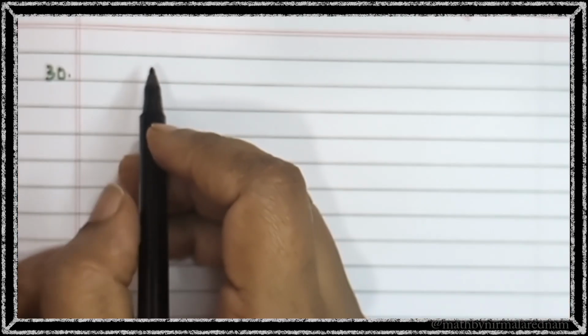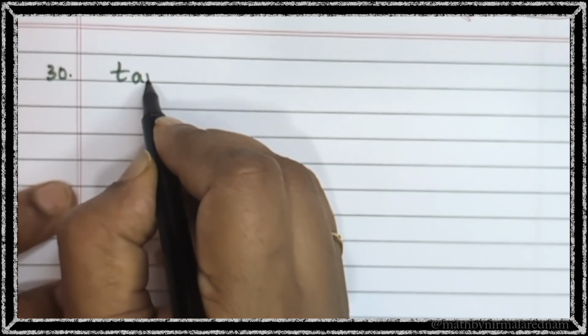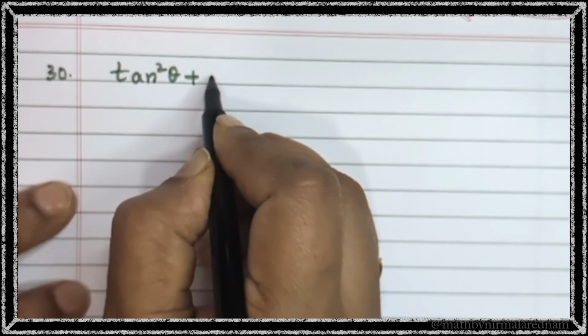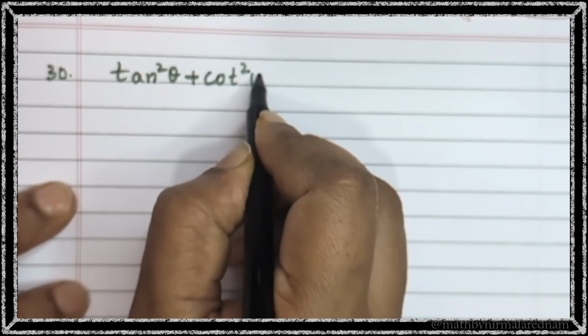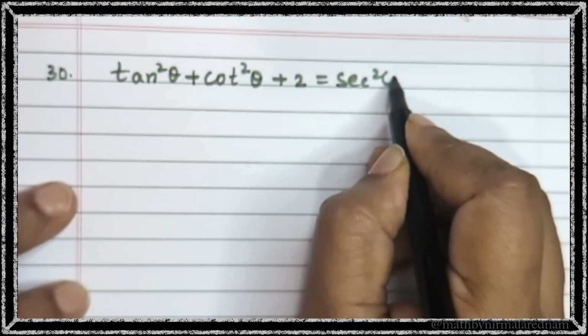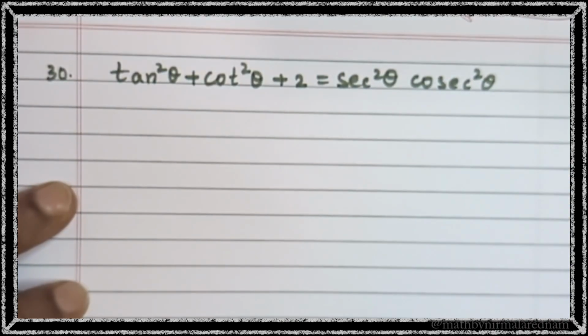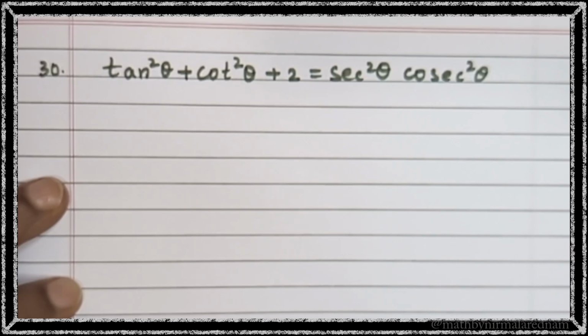And whenever you have to prove a relation between trigonometric terms, let me write down the question first. So whenever you have to prove something like this, always start with LHS, keeping RHS in mind, because ultimately that is the destination, you have to reach there.